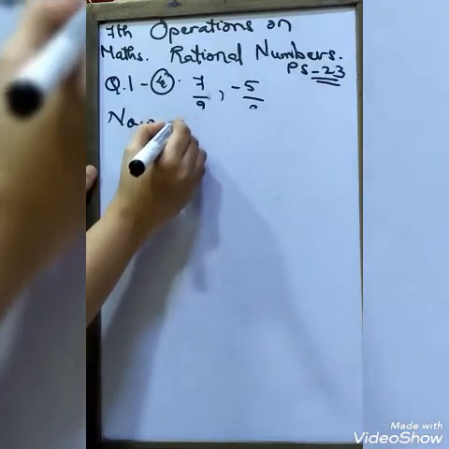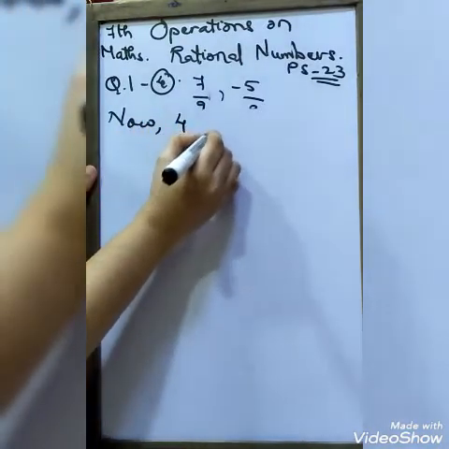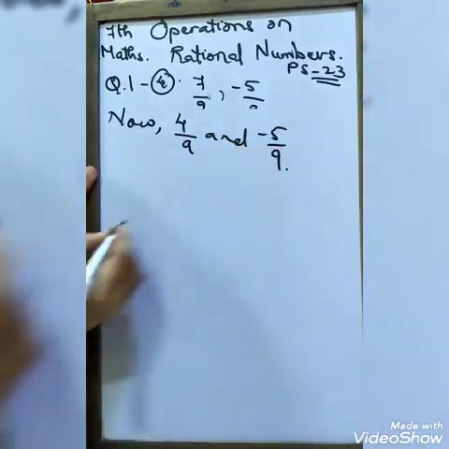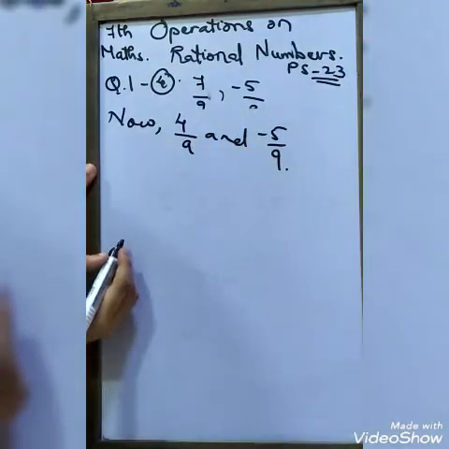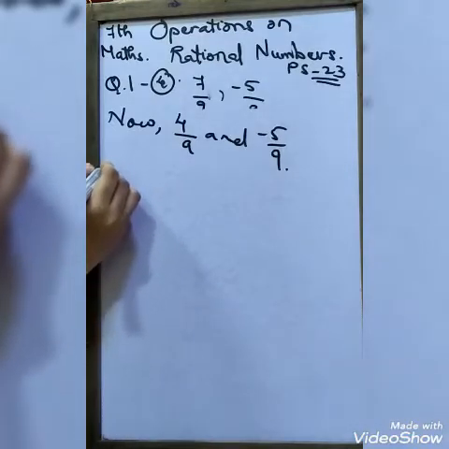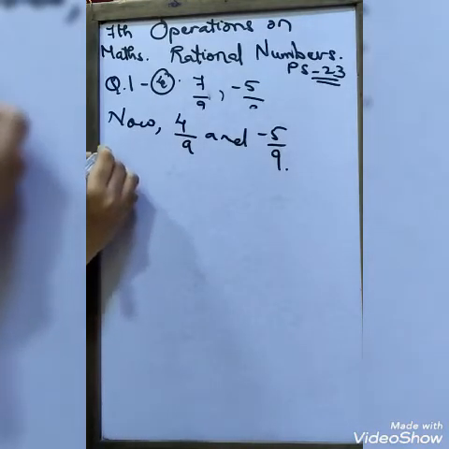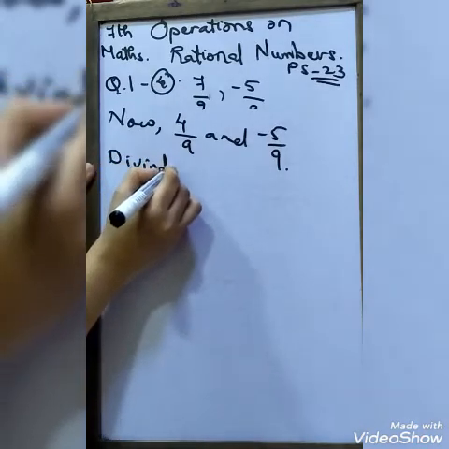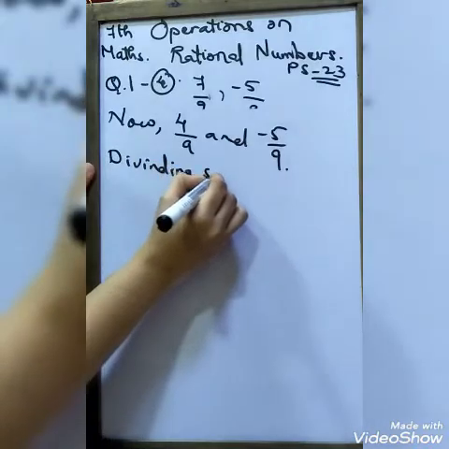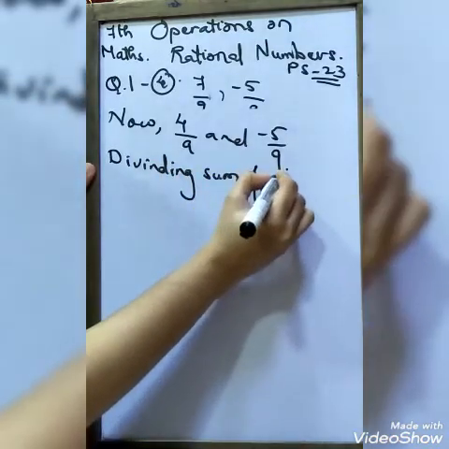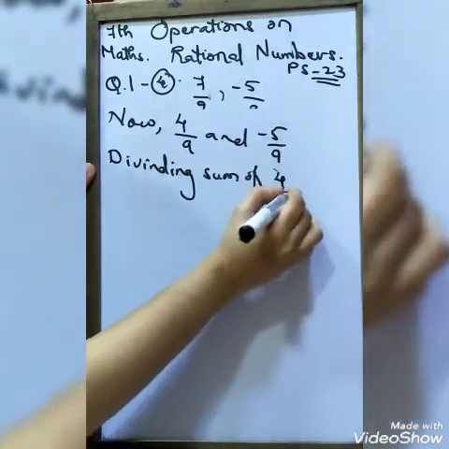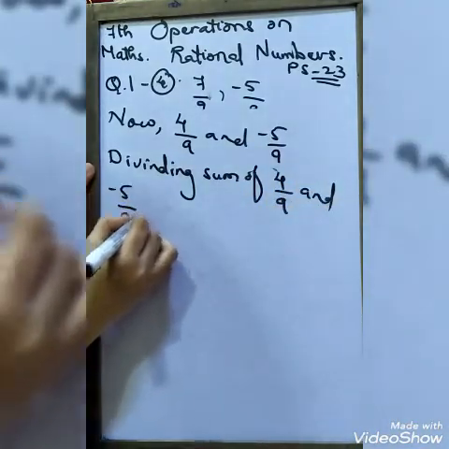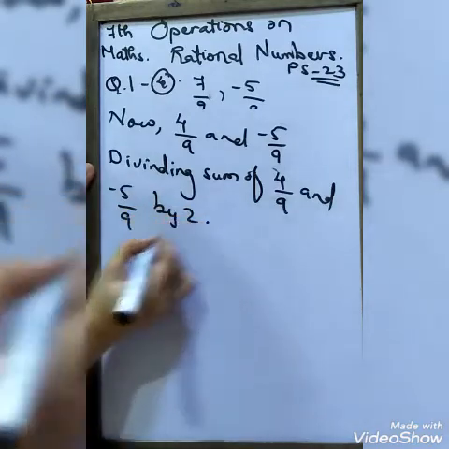Now we'll find the number between 4 upon 9 and minus 5 by 9. Again dividing the sum of 4 upon 9 and minus 5 by 9 by 2.